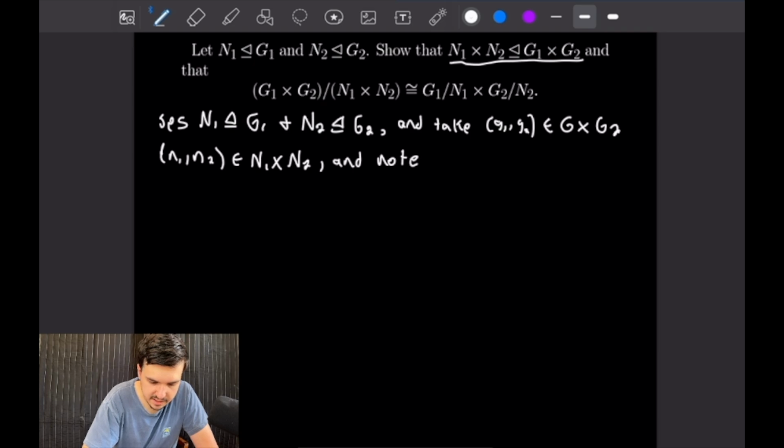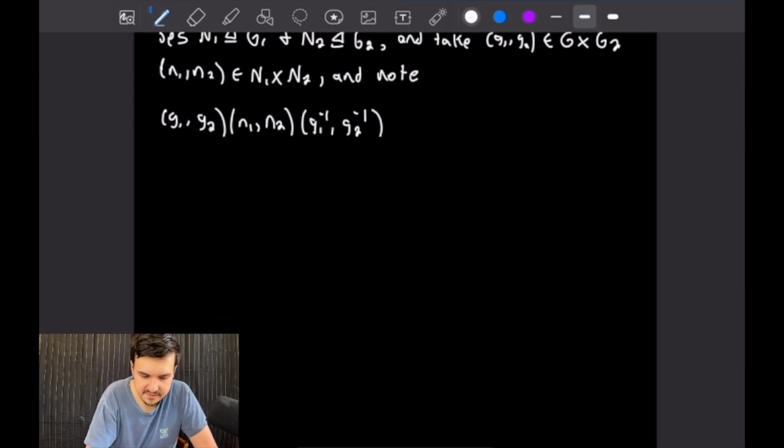Great. And so from here, we want to note that (g1, g2) times (n1, n2) times (g1 inverse, g2 inverse) will equal the following. By simple multiplication here, that's going to be equal to (g1 n1 g1 inverse, g2 n2 g2 inverse). Great.